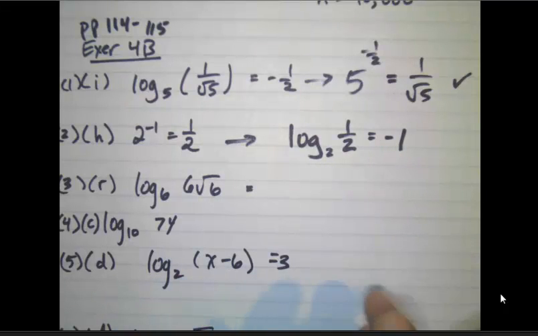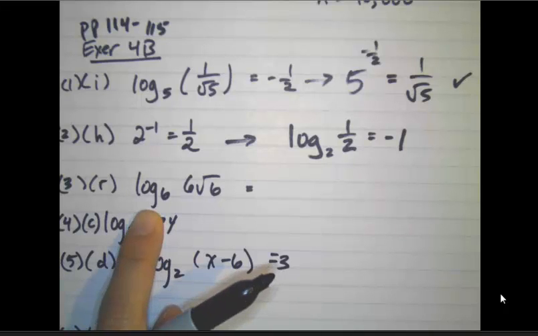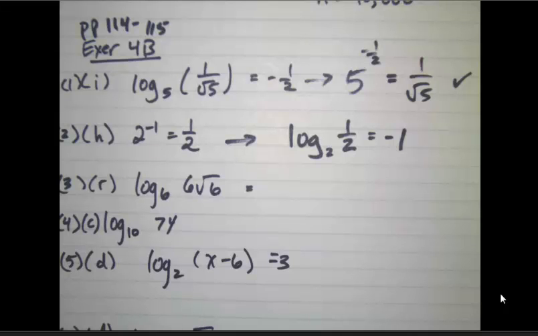All right, number 3, we're going to take a look at letter R, and we just have to simplify for number 3. Oh, okay, so here we have log base 6 of 6 squared is 6.